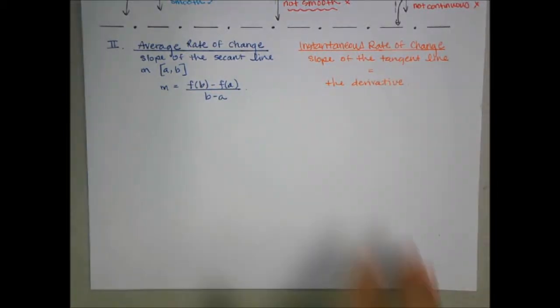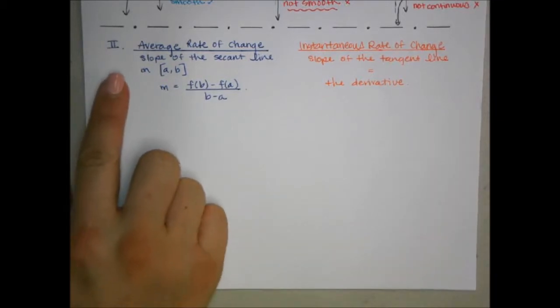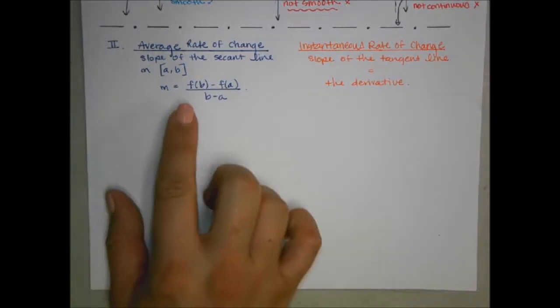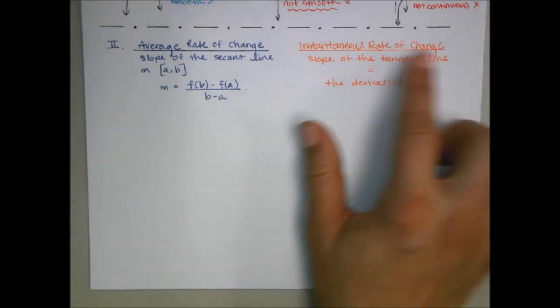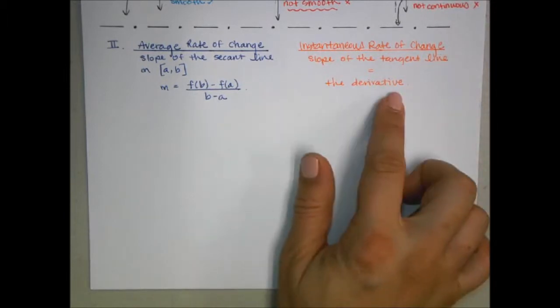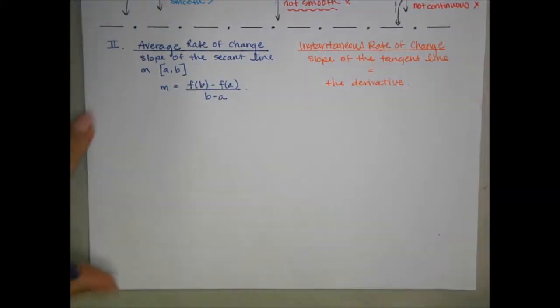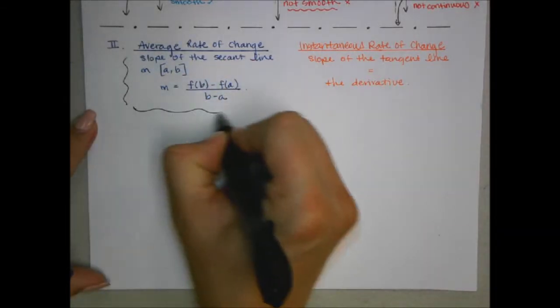So we'll need to be able to recognize what we're being asked to do. If we're asked to find the average rate of change, we're just doing slope through 2 points. When we're asked to find the instantaneous rate of change at one place, we're being asked to find the derivative of a value. So let's look at a little problem.